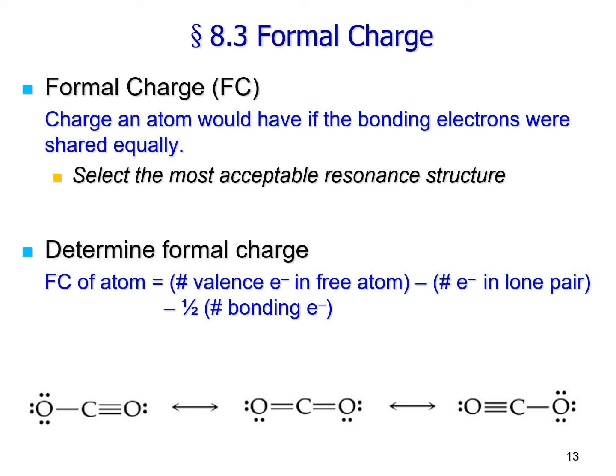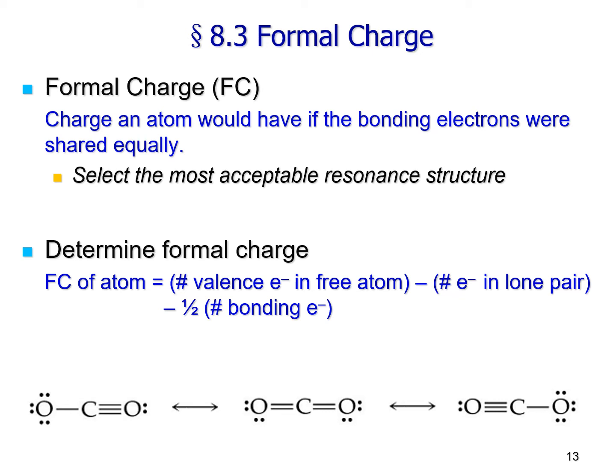That is important. And we subtract half of the number of bonding electrons. Why the half? Remember, the bonding electrons were shared equally. So from this definition, we can write up the mathematical equation for the formal charge of an atom.